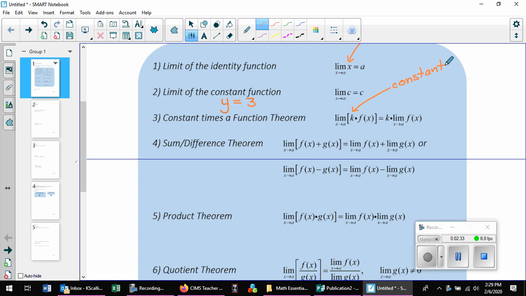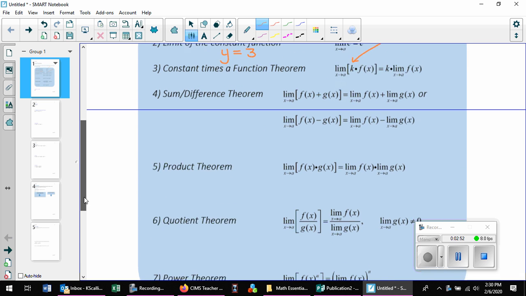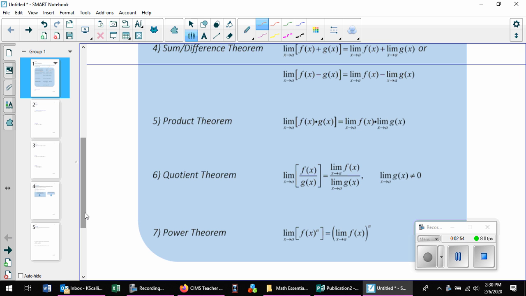These kind of remind me of log laws. No, not really, because we multiply logs. But if your f of x and g of x functions are added together, you can bust them apart and do the limit of one and then the limit of two. The same thing with the difference, the product, and the quotient.